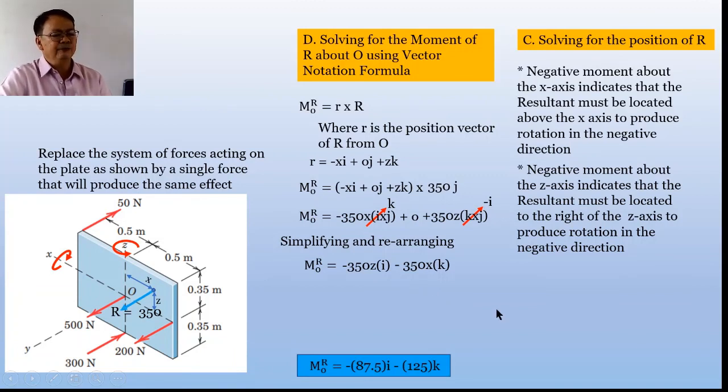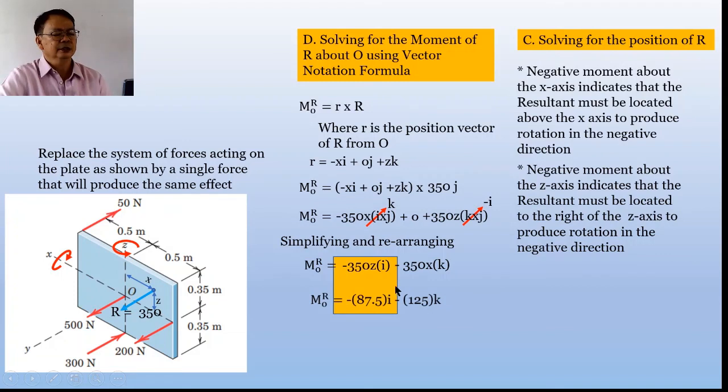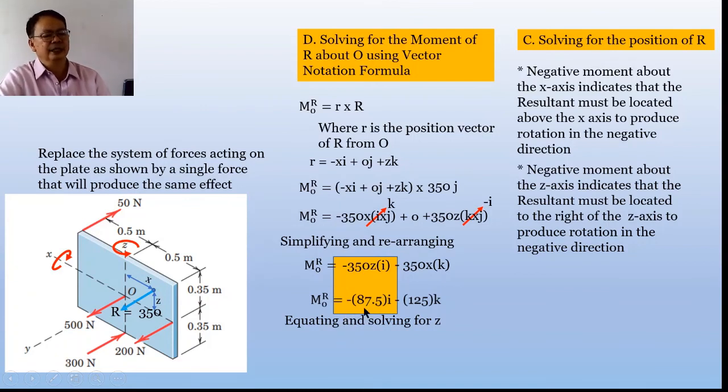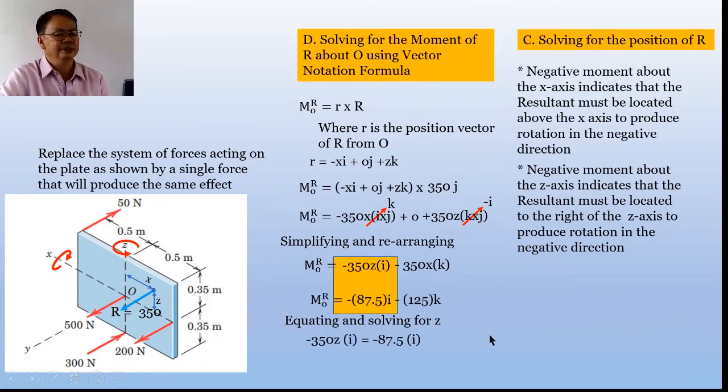So, try to equate the two equations that we just have formed. Equating natin itong dalawa, and then solving for z, negative 350z times i minus 87.5 times i will cancel, and we shall be able to solve for z is equal to 0.25.